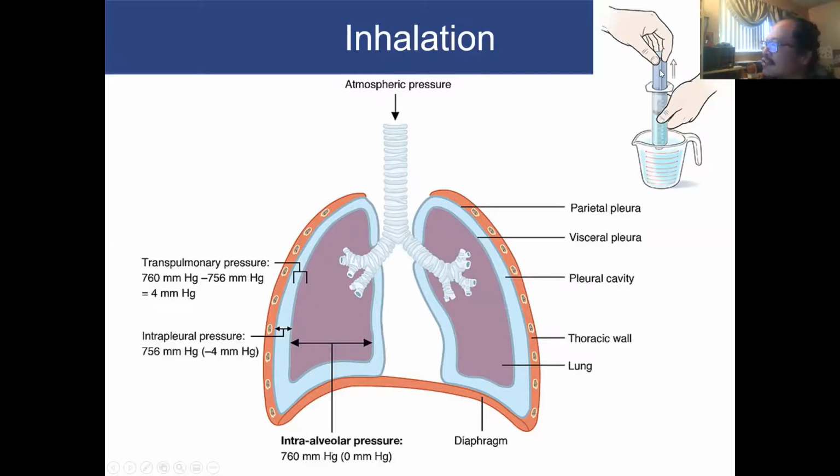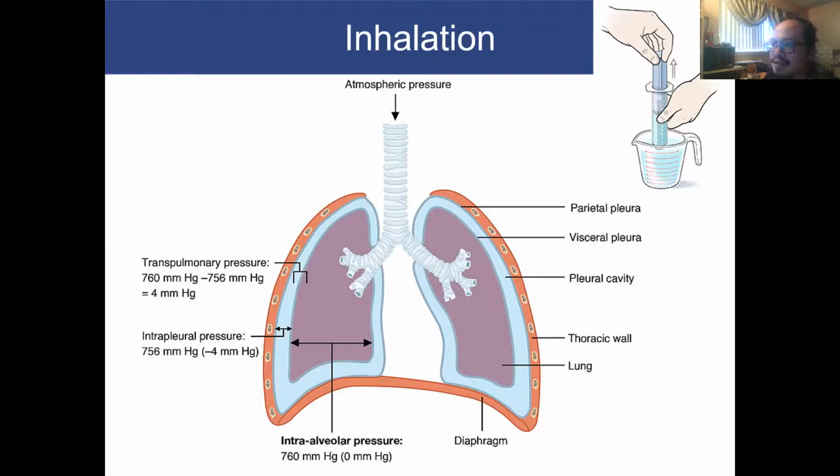So basically we increase the space in the thoracic cavity. Then the air will follow that low, negative pressure, and we get air in.